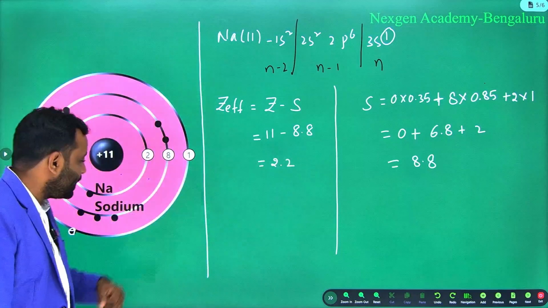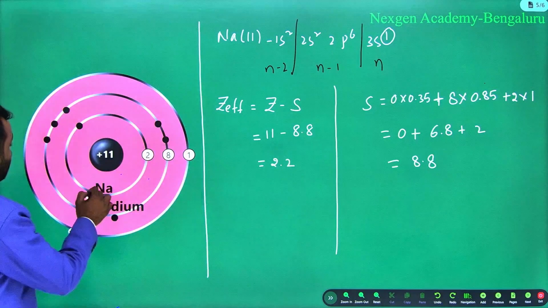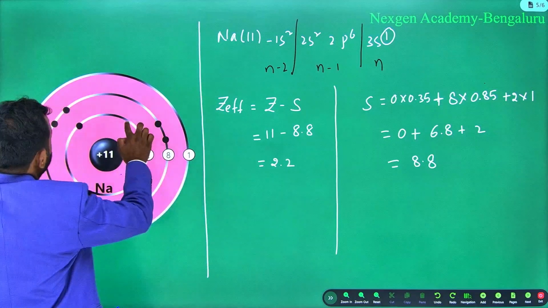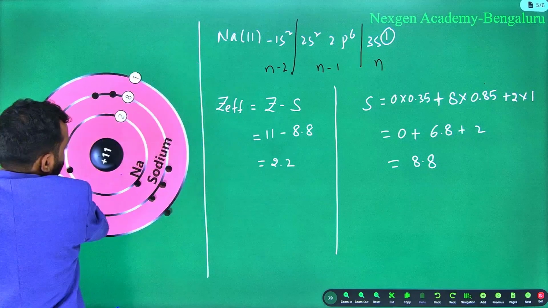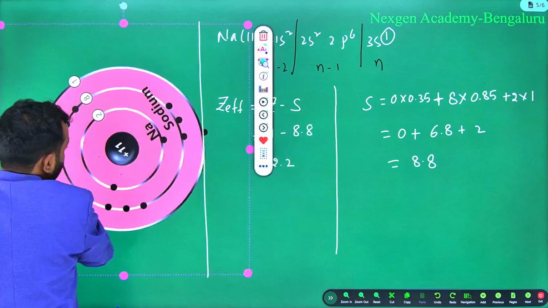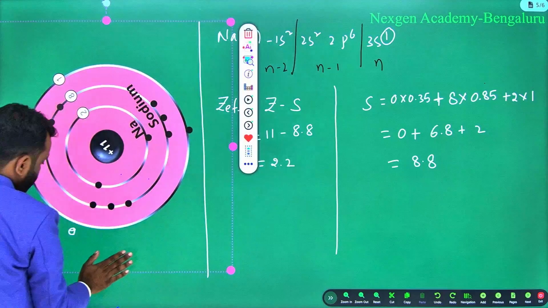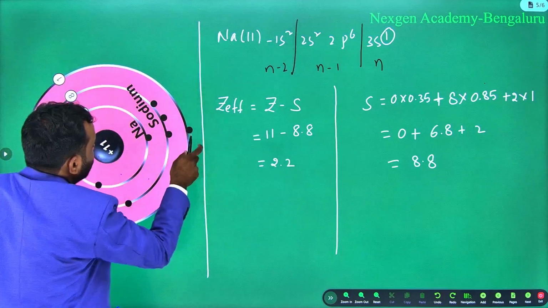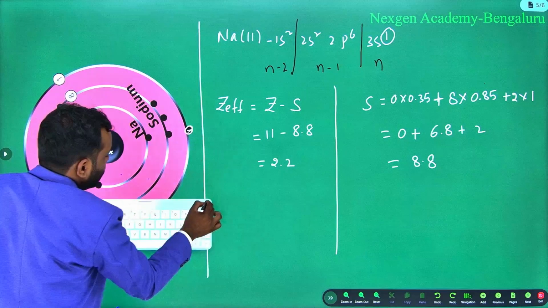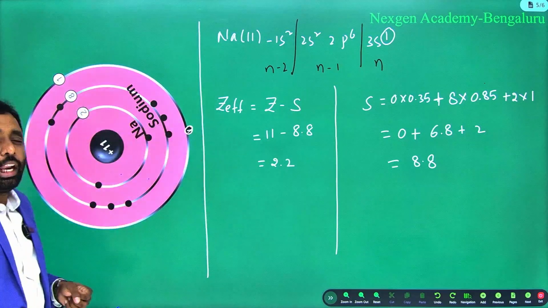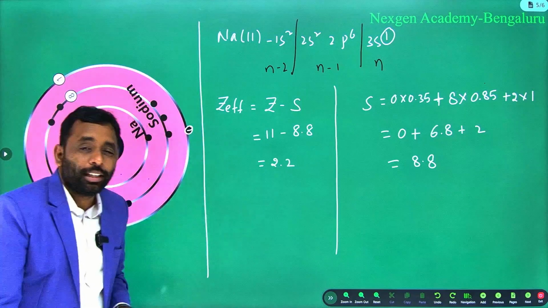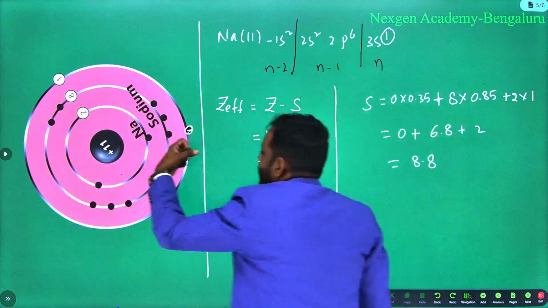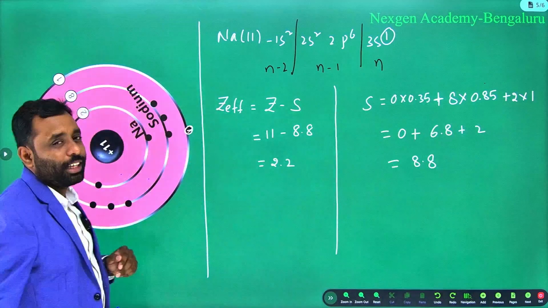So this valence electron is expected to have 11 protons attraction, but it has 2.2 protons attraction. Simple logic: when attractions are decreased, size increases. Am I right or wrong?